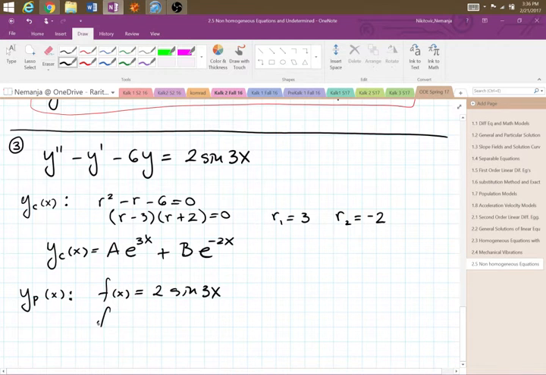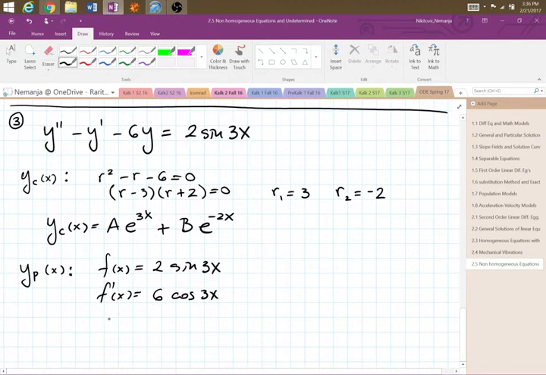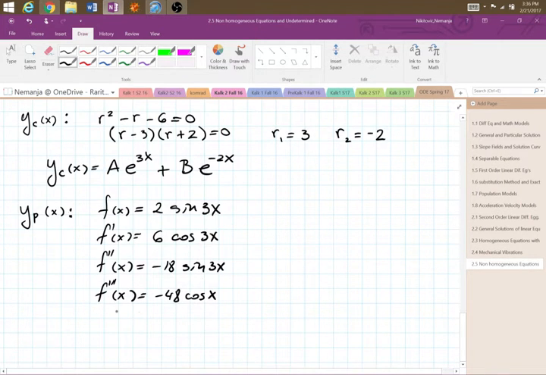So the first derivative for this is going to be 6 cosine 3x. Then the next derivative would be negative 18 sine 3x. Then the third derivative is negative 54 cosine 3x. Then the fourth derivative, remember that we are switching notation on the fourth derivative.